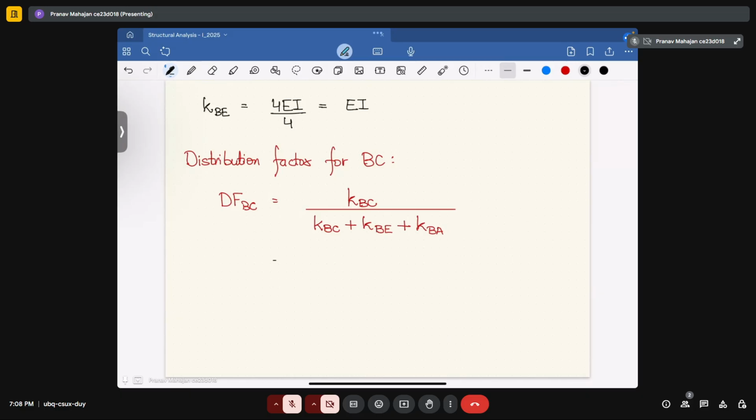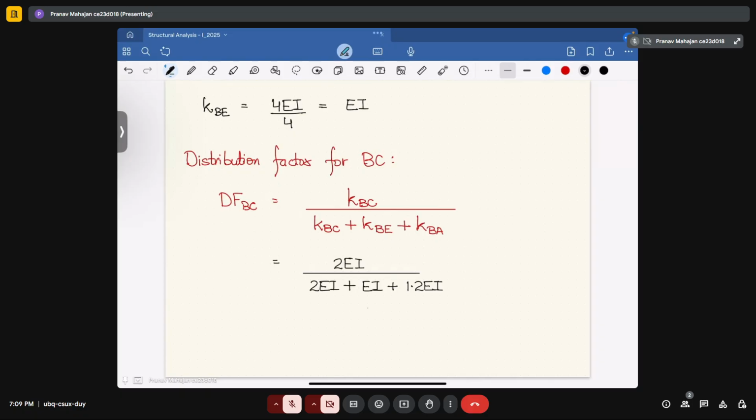Now for KBC, we have calculated it as twice of EI. So twice of EI divided by twice of EI, BE we have calculated as EI, and for BA it is 1.2 EI.